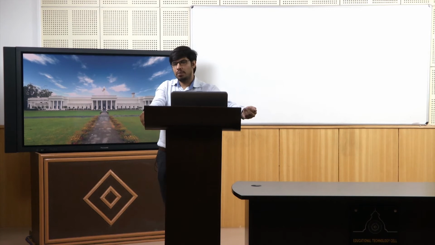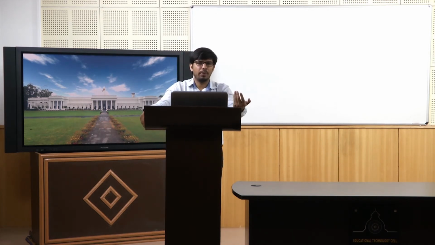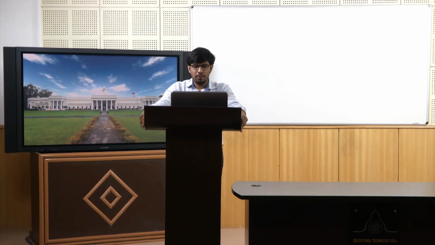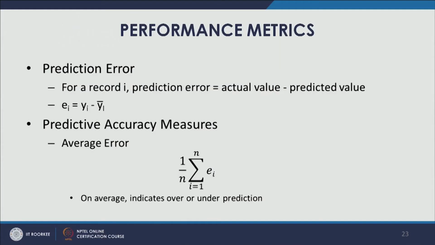It could be the training, validation, or test partition, but the performance evaluation is considered on the validation partition. For each observation from 1 to n, we have the error value that we can compute using the prediction error formula we just discussed, and we can sum these values and divide by n, and that gives us the average error.